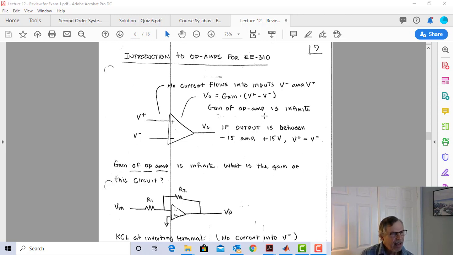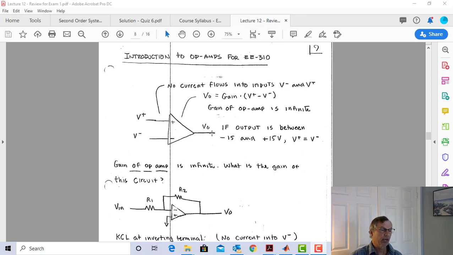And really, that's all you got to know about the ideal op-amp. Of course, if you continue reading in my book on the op-amp, it talks about how we have to have voltage supplies going into the op-amp because otherwise we wouldn't satisfy KCL around the op-amp.